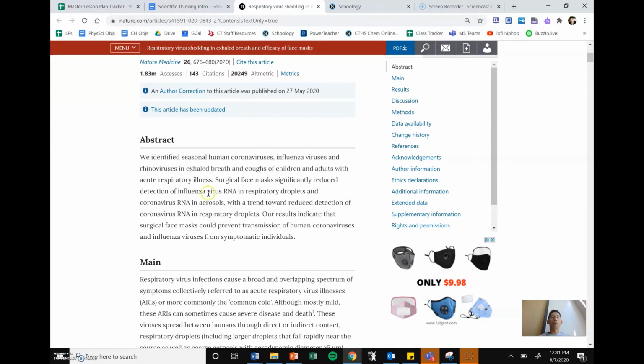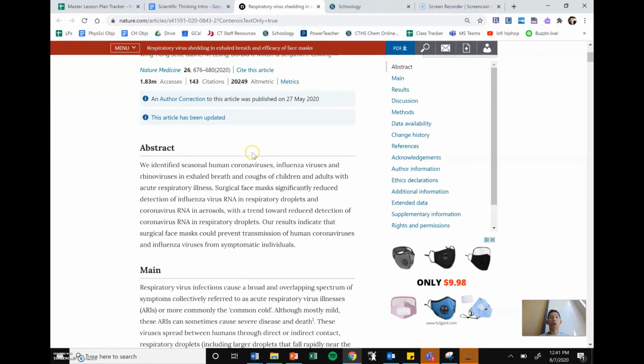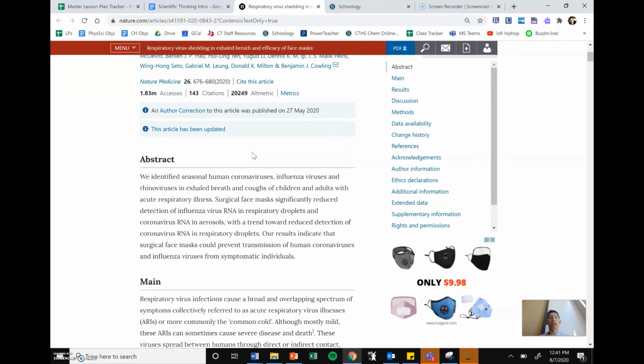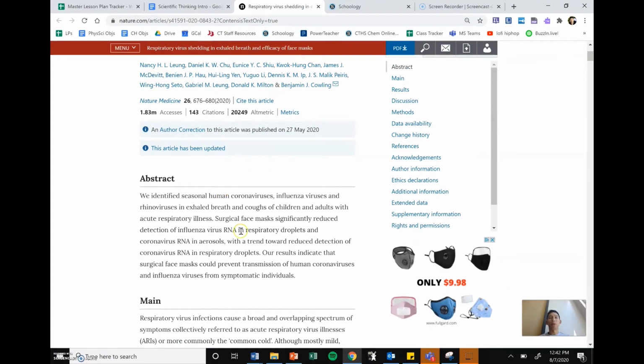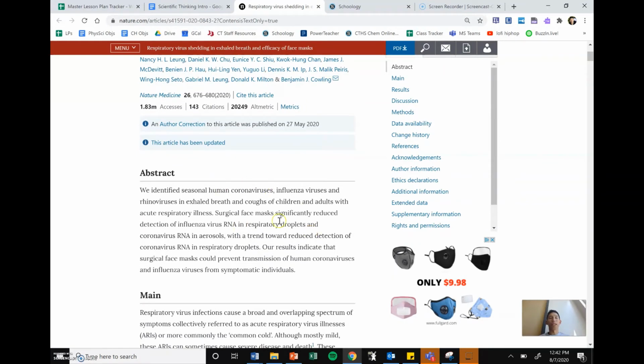Let me just make a couple of points here. Number one, seasonal human coronaviruses, the common cold is a type of coronavirus. They're not necessarily referring to COVID-19, although depending on when this was done, it could have included COVID-19. It was published in April of 2020. They probably were working on this research for quite some time, even starting before coronavirus.